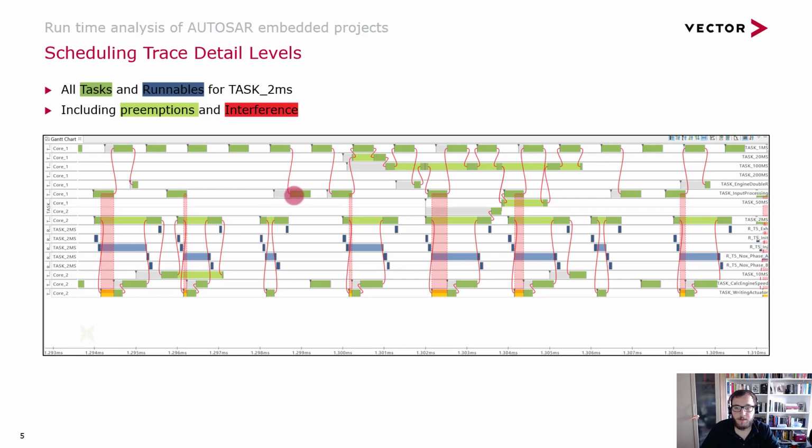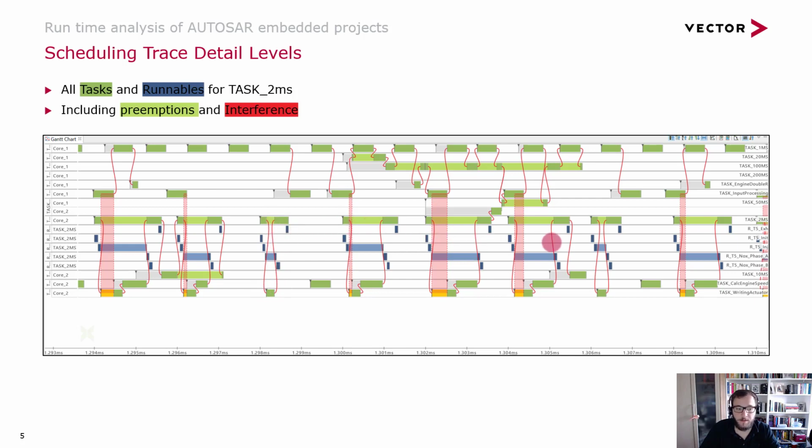If we take this example of this task input processing that has been activated but was not running for quite some time on the core, you can see that the interference with this task was caused by this task 1 millisecond up there. The same is true for the task 2 milliseconds that we have been looking at from the beginning. Every time you have a preemption, you see an interference line to the task that has been interacting with it.